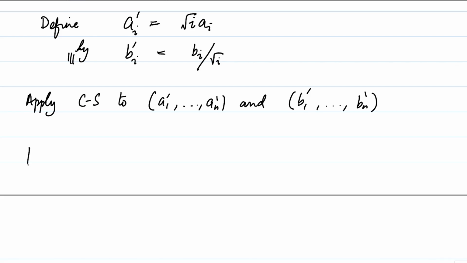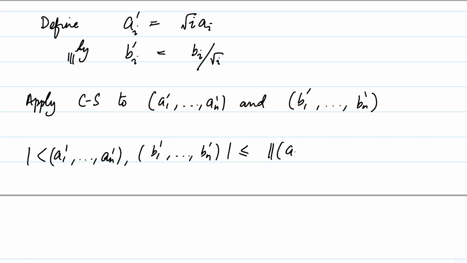The LHS will be the absolute value of the inner product of a1 prime to an prime and b1 prime to bn prime. This is less than or equal to the length of a1 prime to an prime times the length of b1 prime to bn prime.